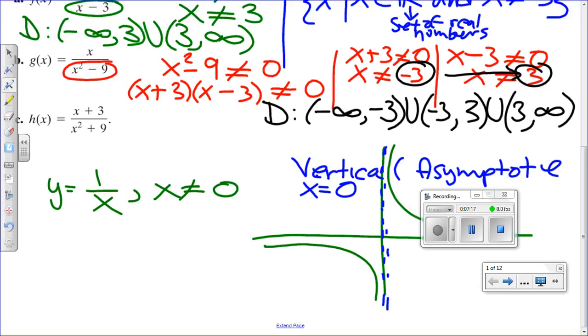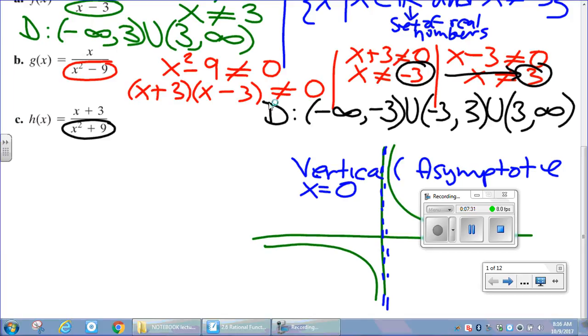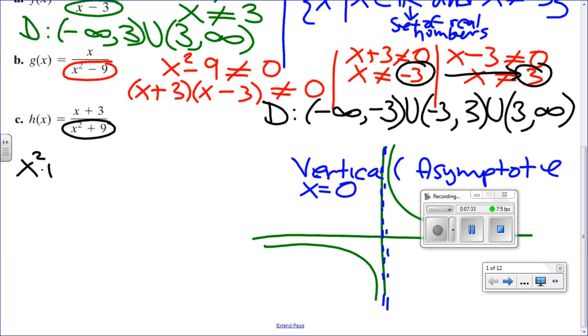All right. Now, for the next one, part C, we do have this denominator of degree 2 as well. And if we follow the same steps, take the denominator and create that inequality that says it cannot be 0, you will have x squared cannot be negative 9.